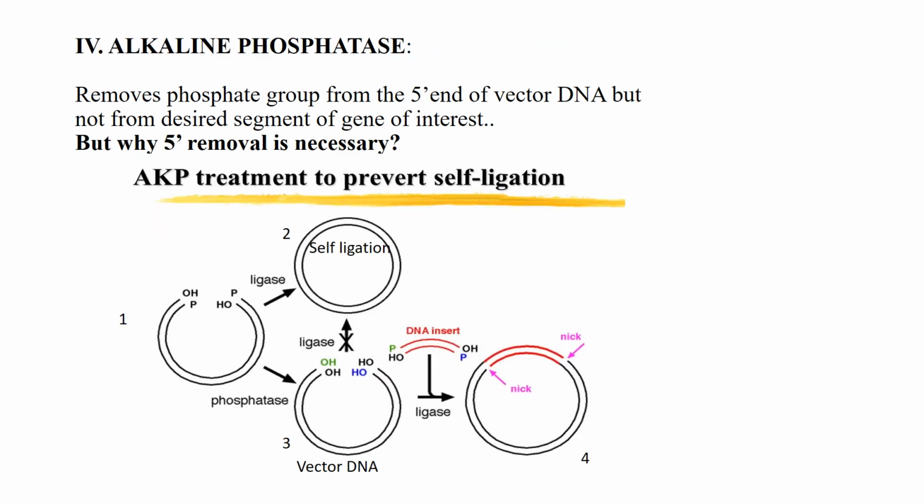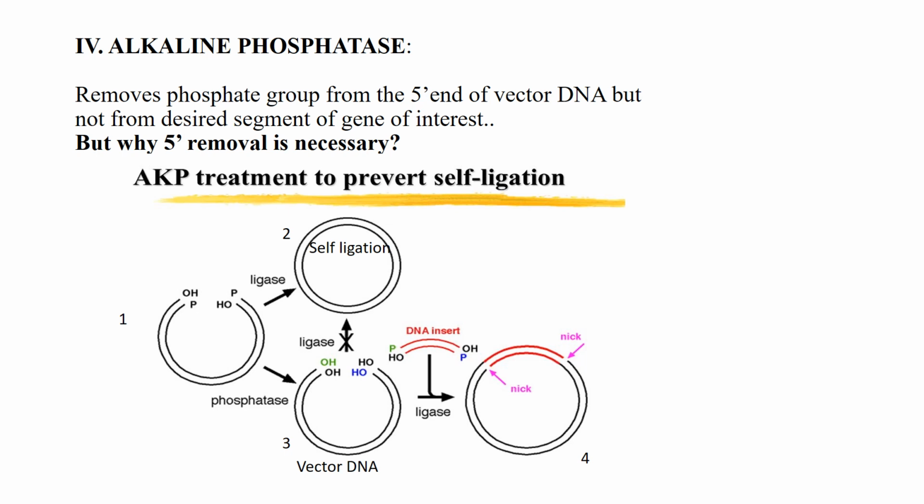Other group of enzymes are alkaline phosphatases. Phosphatases are the enzymes that remove phosphate group from the 5' end of vector DNA, but not from the desired segment of gene of interest.